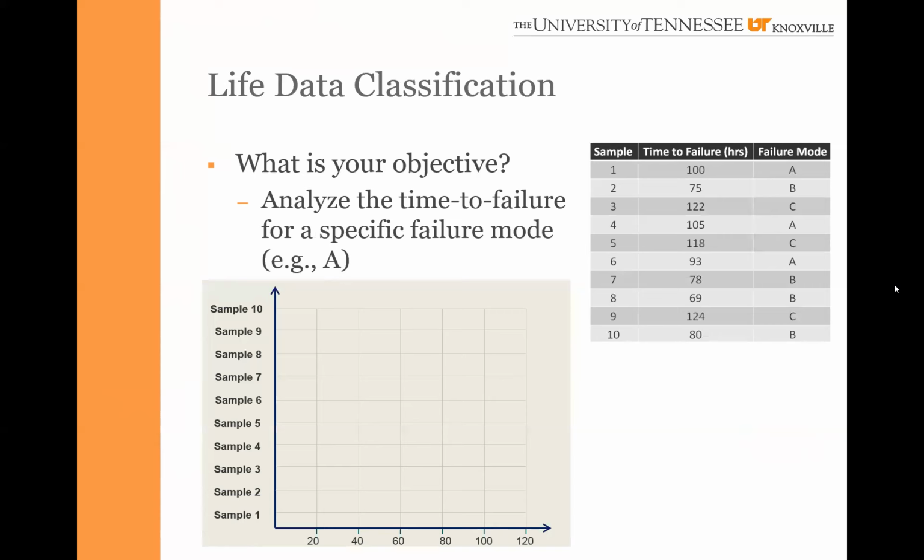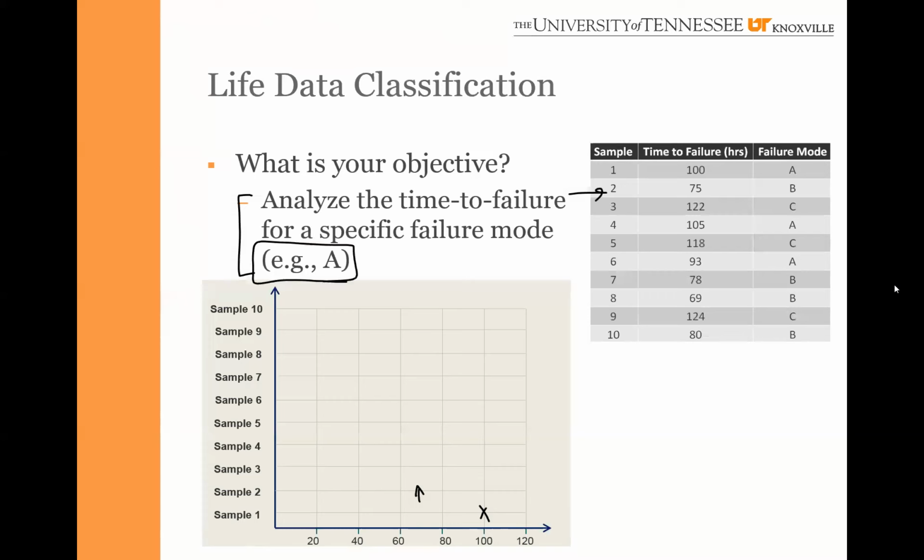Now I'm asking a different question. So I want you to analyze the time to failure for specific failure modes. For failure mode type A, let's look at that. Sample 1 fails at 100. What do I know about sample 2? Okay, but what is my question of interest?